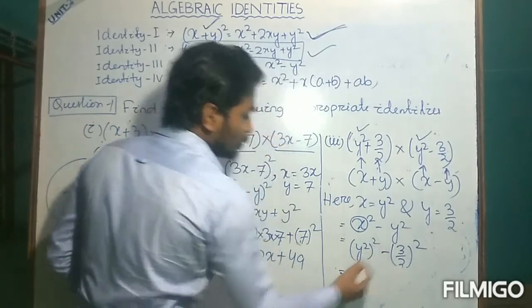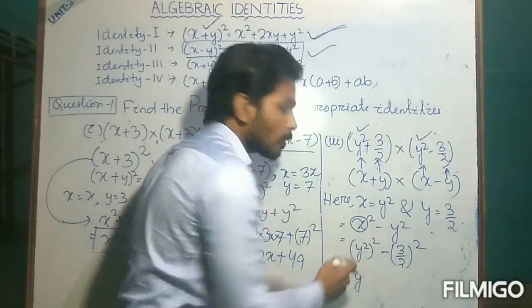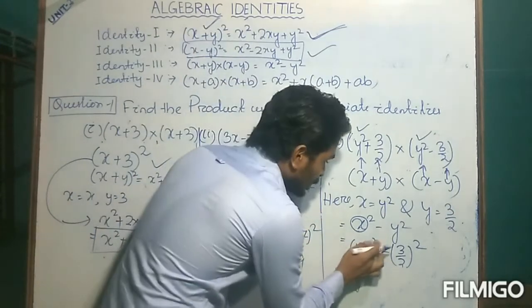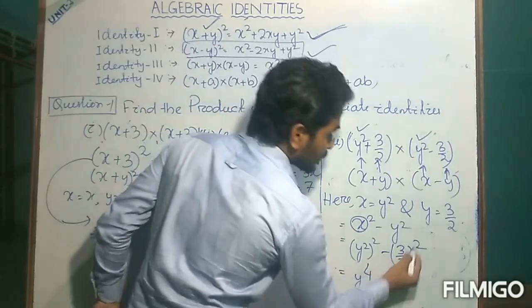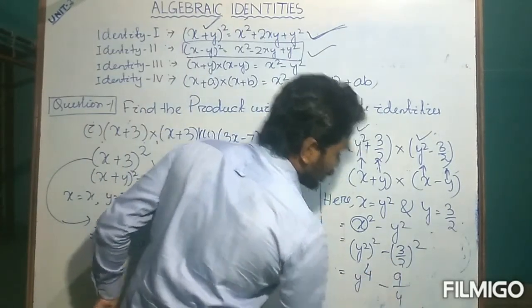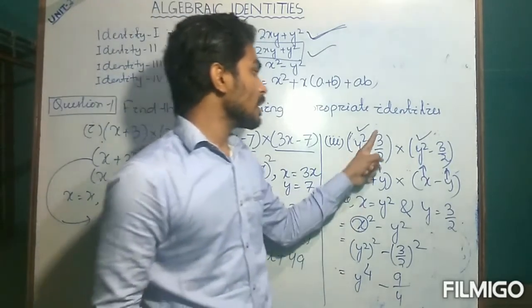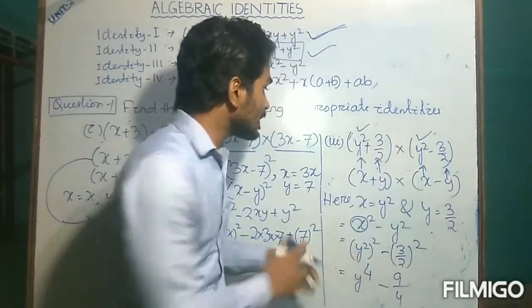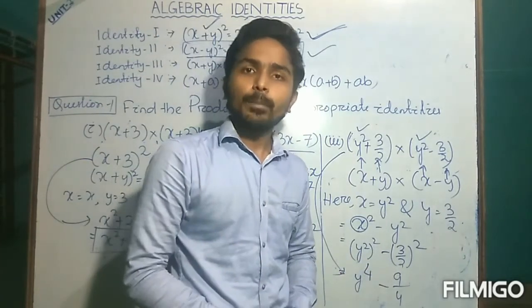Whenever two exponents are present, exponent of exponent, then the two exponents will be multiplied. So 2 into 2 is 4, minus here 3 square is 9, 2 square is 4. This is your answer. And hence you can write (y square plus 3 by 2) into (y square minus 3 by 2) is equal to y to the fourth minus 9 by 4.